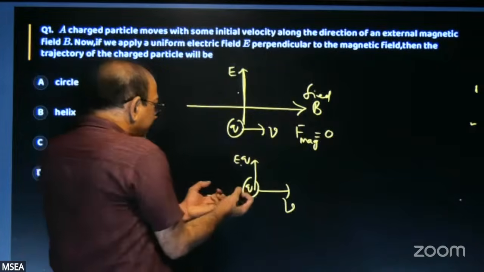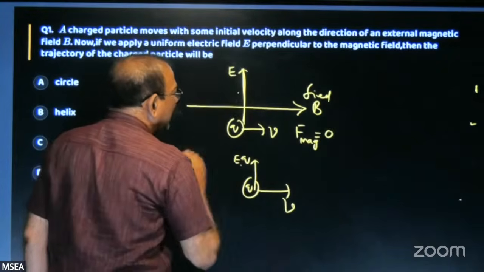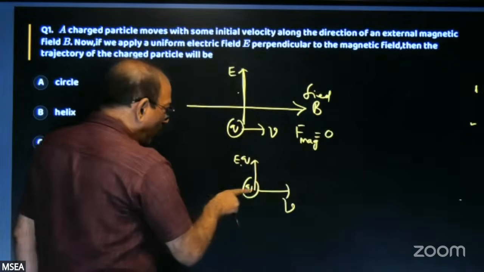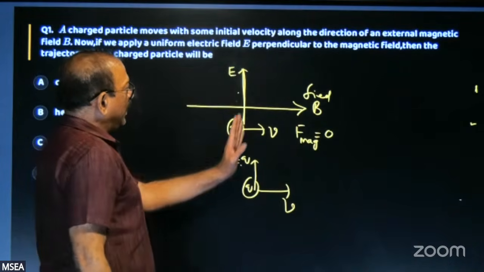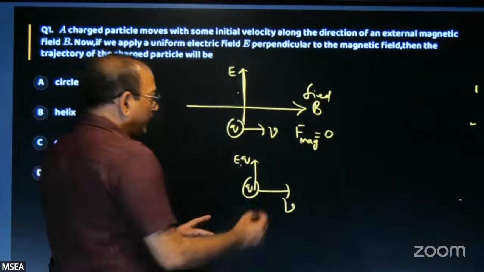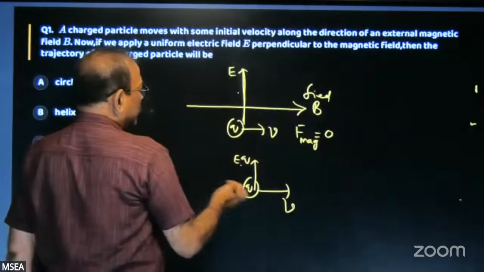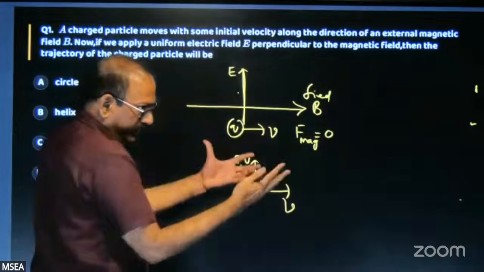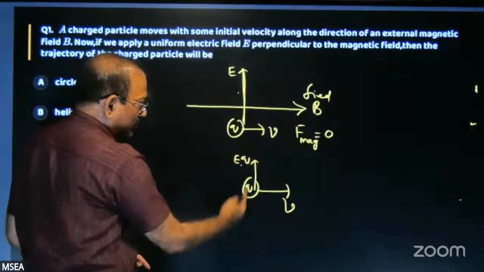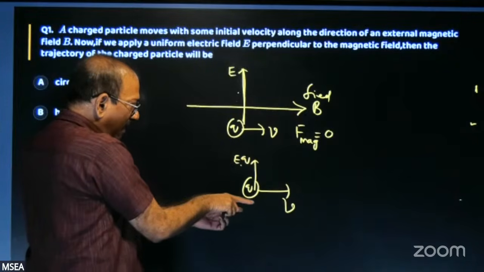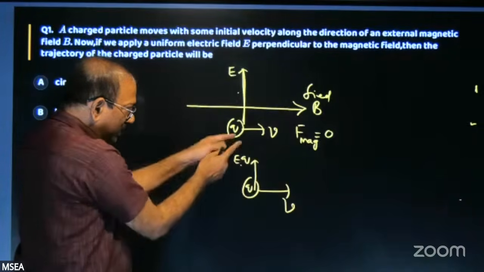Due to this, it will gain velocity along this y-axis. Means this particle will have two velocities now. One velocity along the magnetic field, one velocity perpendicular to the magnetic field. Due to the velocity perpendicular to the magnetic field, it will experience magnetic force BQV, which acts as centripetal force, and it will revolve on a circle.